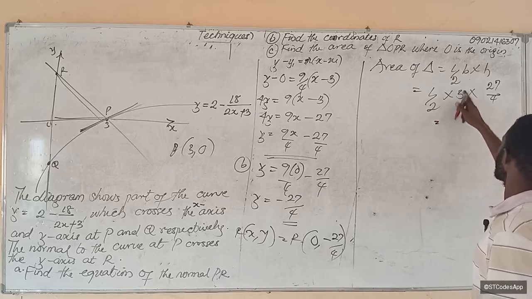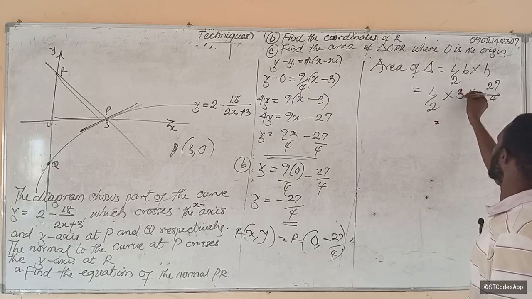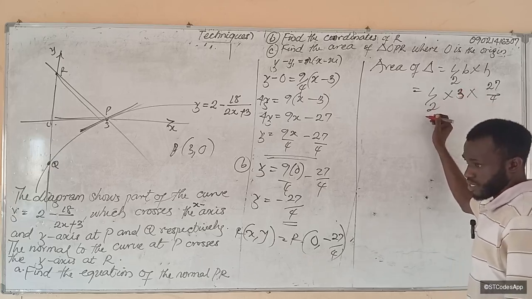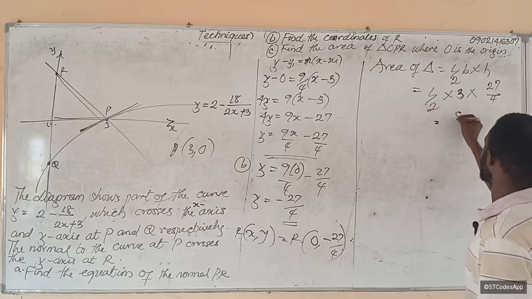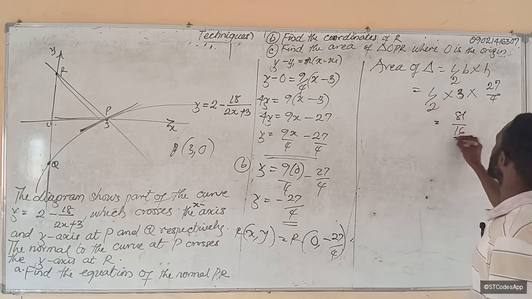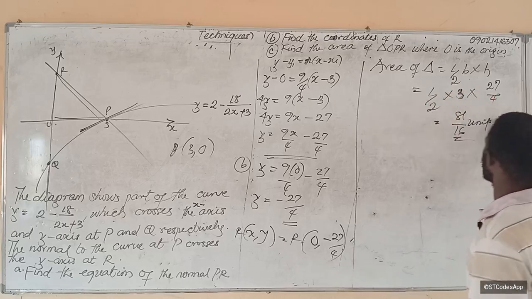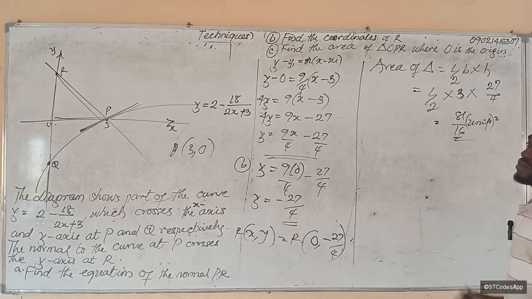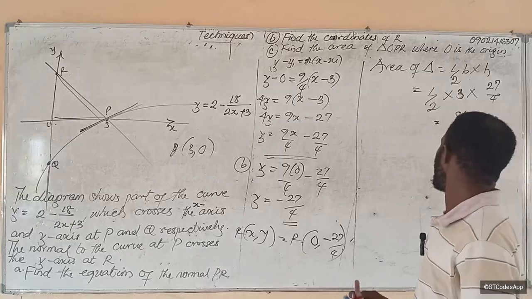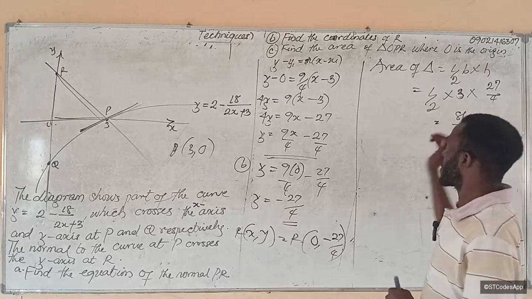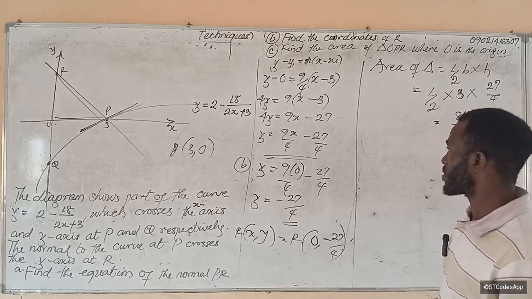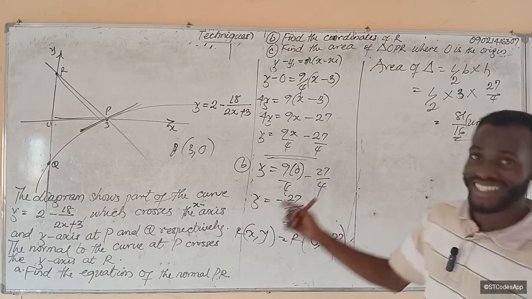By the time you solve this, 27 times 3, that's 81. So you have 81 over 16 units squared, exactly. So this is going to be the answer for the area, provided we didn't make a mistake around here.